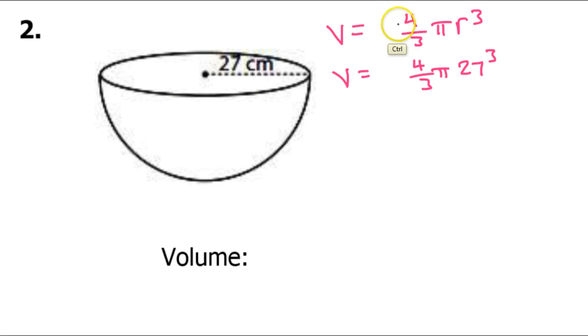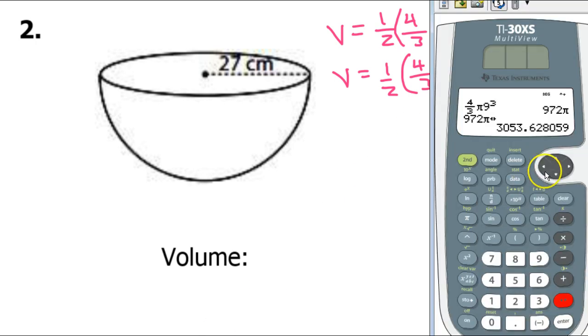However, this is not a whole sphere. This is half of a sphere. So I'm just going to take half of all of this. All right, let's see what happens if I put this in my calculator.